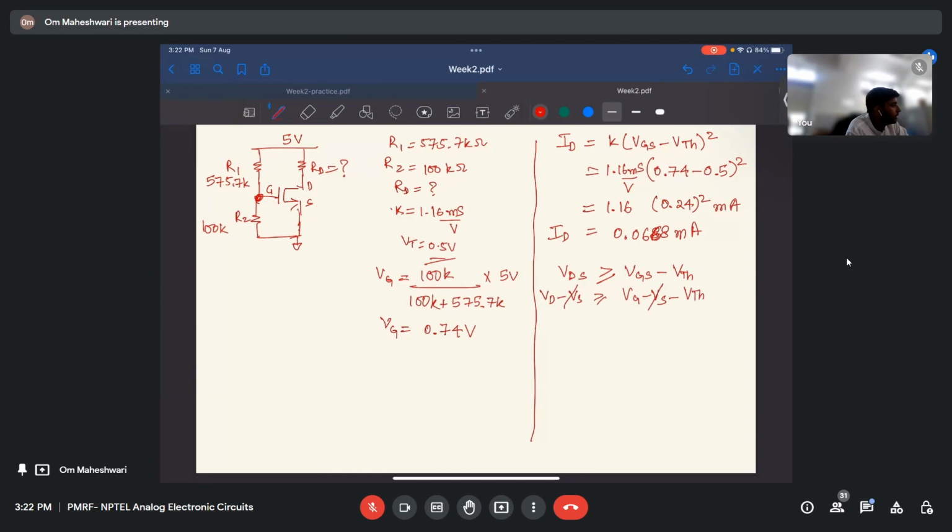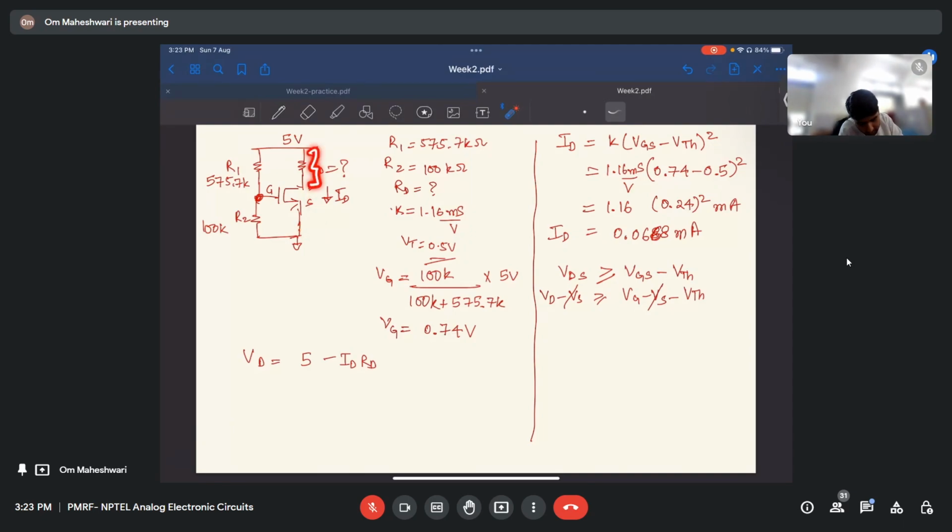Okay, now what is VD? This voltage here is VD, right? So VD is 5 minus ID RD, because current ID is flowing through this branch, right? ID will flow from top to bottom.